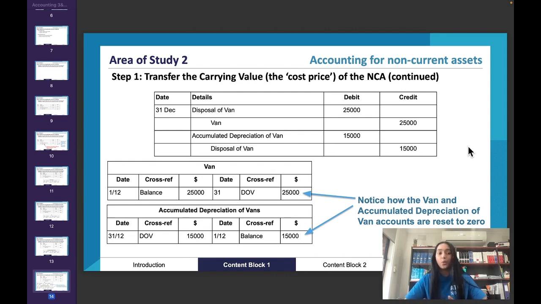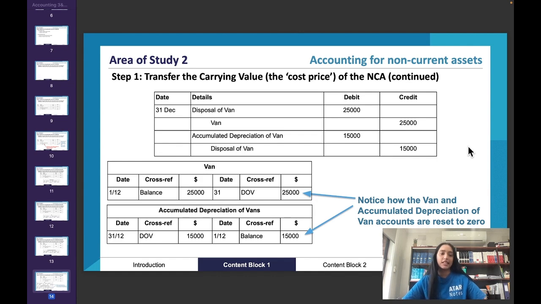And this isn't always the case. Sometimes the business can own multiple vans, or multiple of the same non-current asset, and so the balance of the account might be talking about multiple non-current assets. So for example, if they own two or three vans, then the van account balance would be multiple vans.